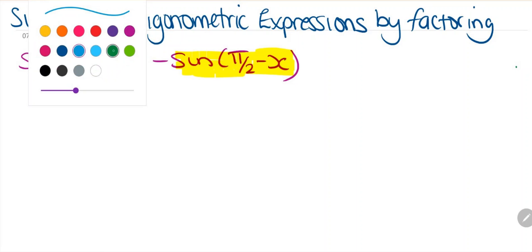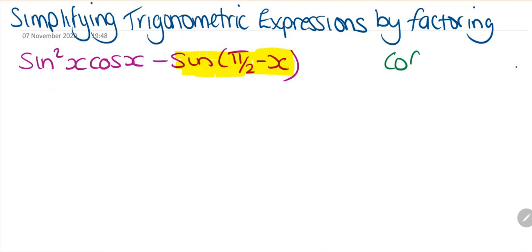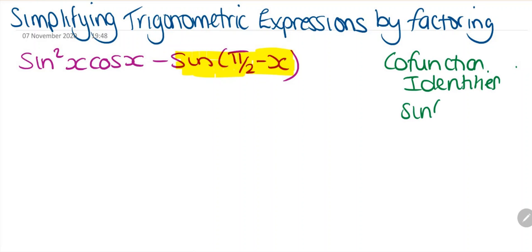So what do we know about cofunction identities? Well, sine of pi over 2 minus x is a complementary angle, and this is equal to cosine of x.